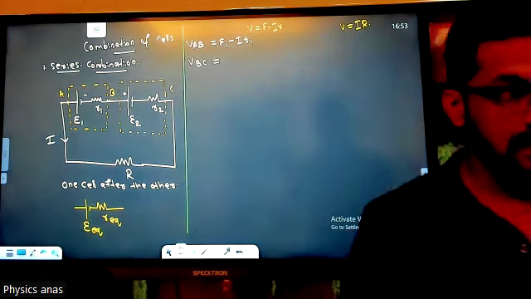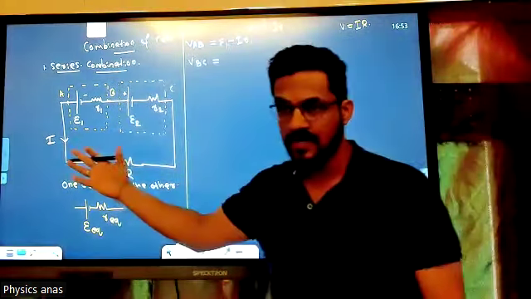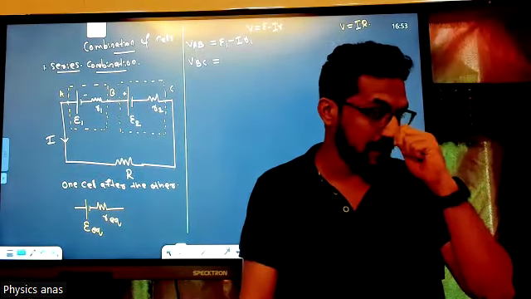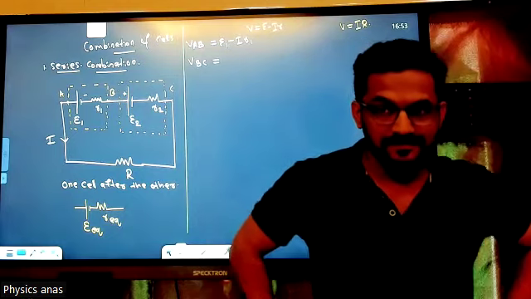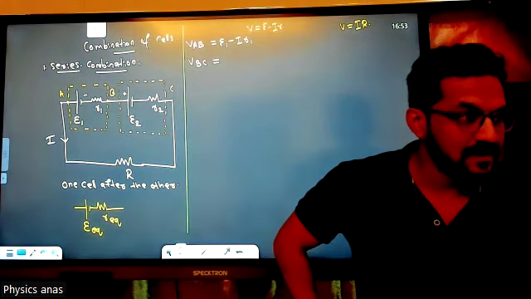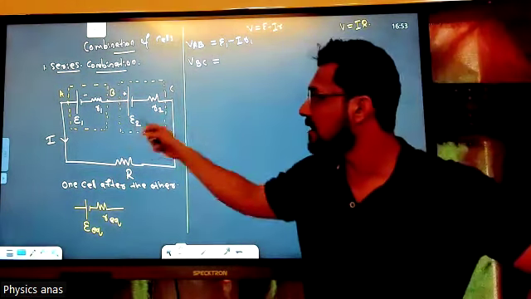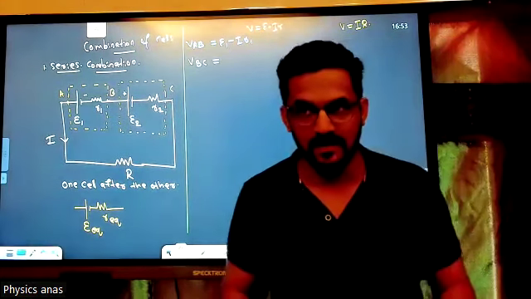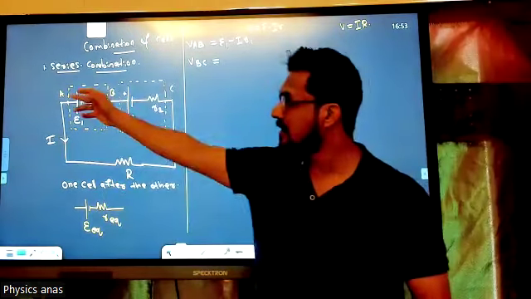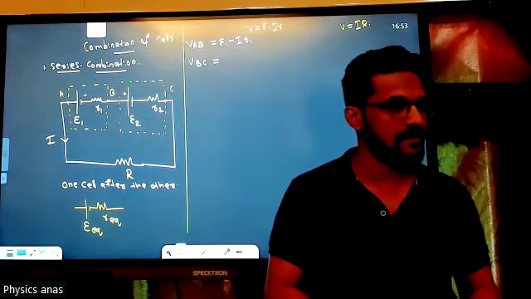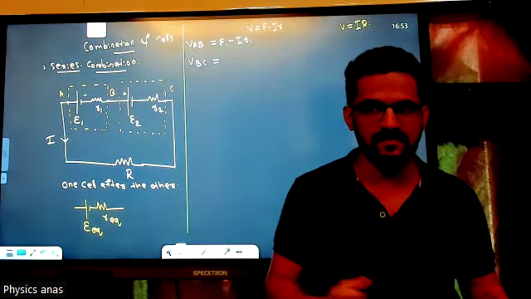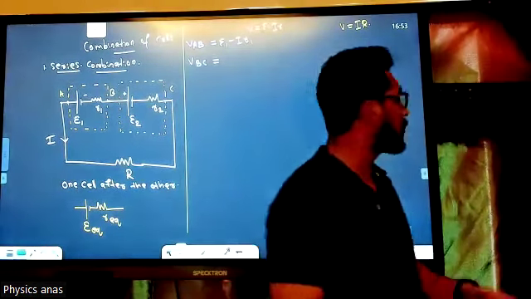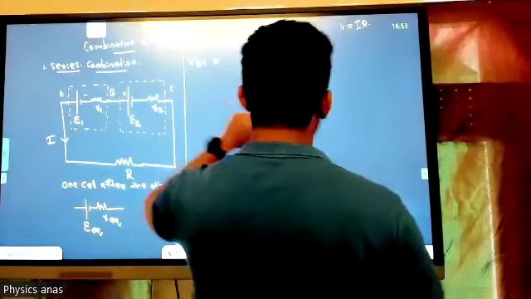Tell me. Are they going to be equal voltages or different voltages? Because this is R1 and this is R2, they are different. E1 and E2 are also different. So the voltage here and here will be different. VAB and VBC will not be equal. They will be different.